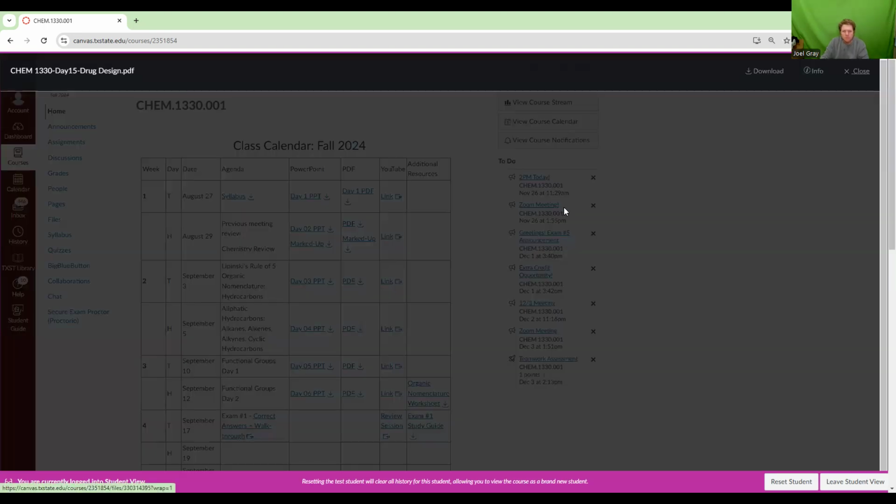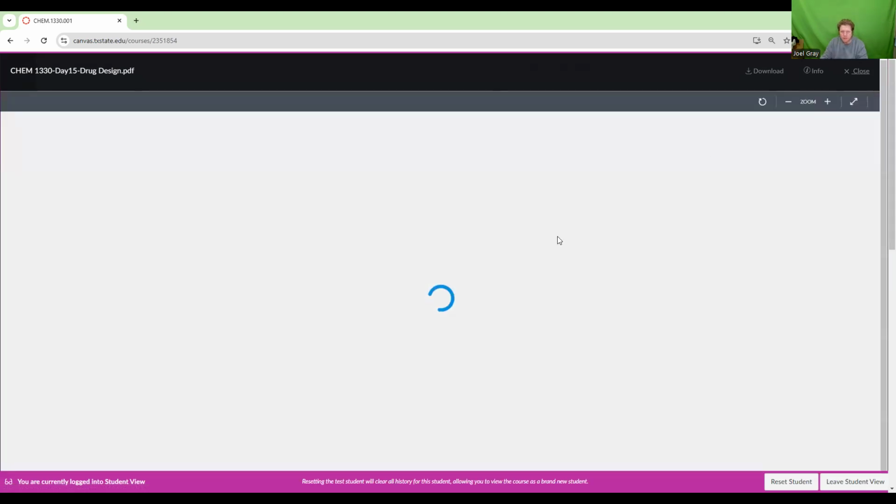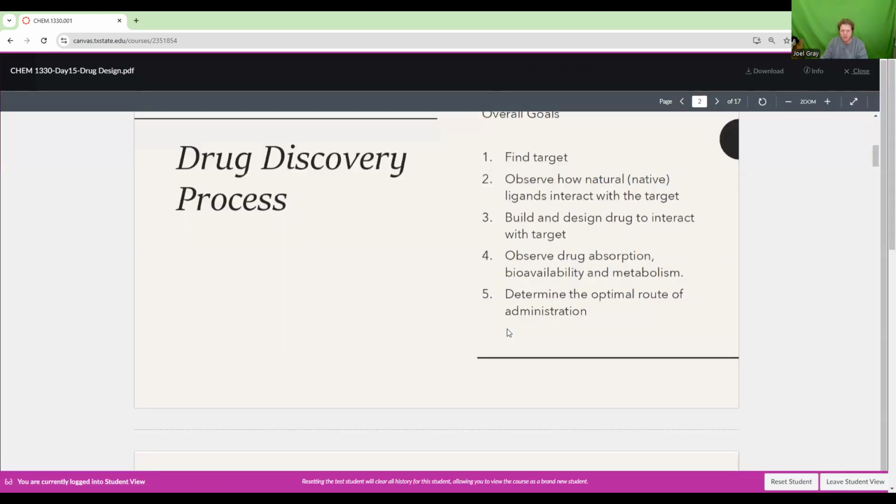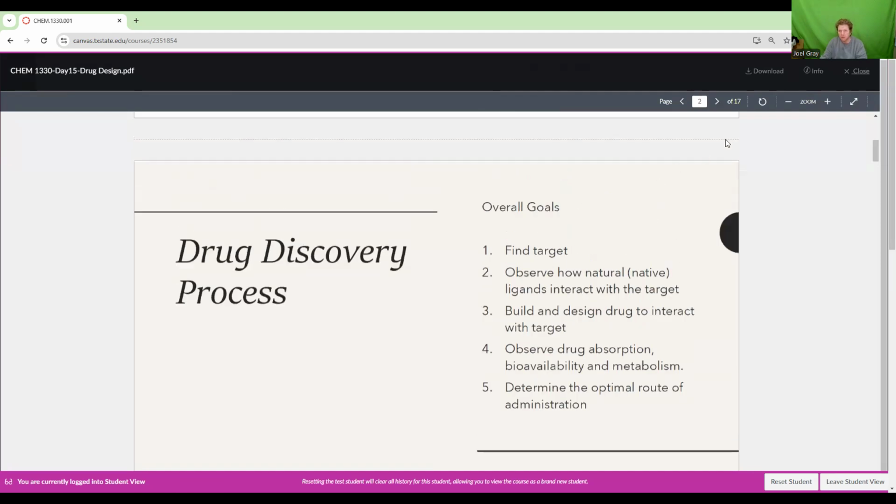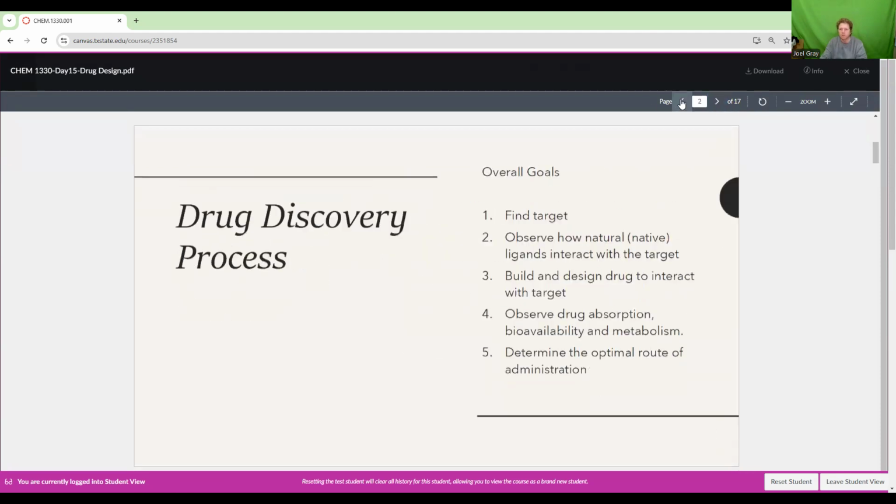I think what I'll do for drug design is take the strategy. What is the effort? What's the push? Well, you have to find a target, a protein that is worth investigating how a drug interacts with it. Then you have to build a drug to interact with that protein.